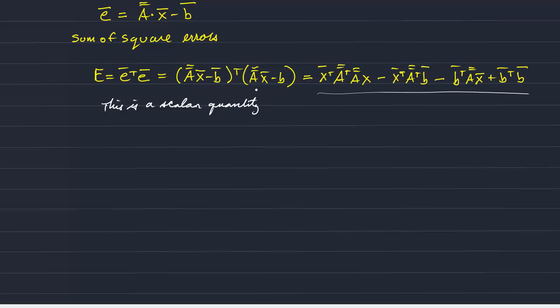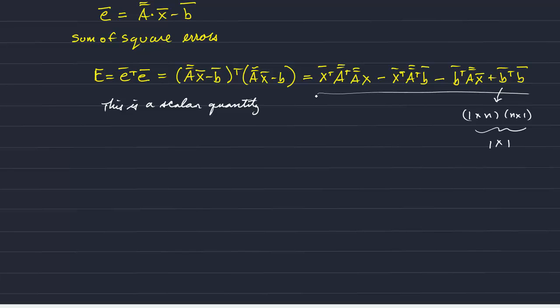We simply took each of our errors, squared it, and summed it, and that's a scalar quantity. And one easy way to see that is, remember, B transpose is 1 by n, and we're multiplying it by B, which is n by 1. So the resulting quantity is 1 by 1. So that's a scalar quantity.